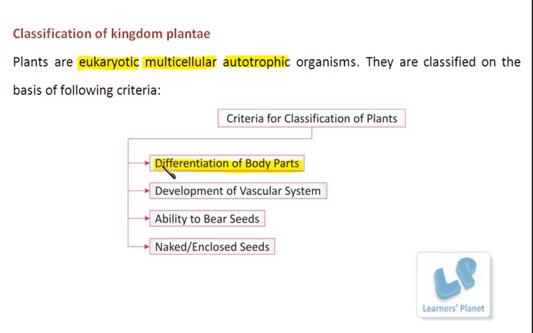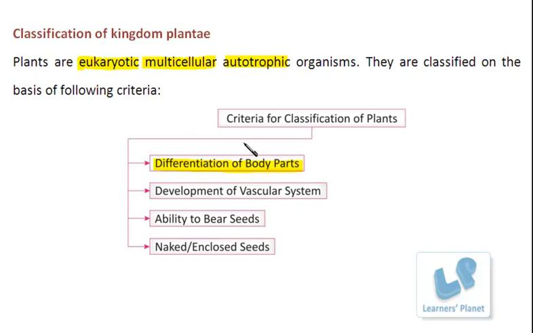See, these organisms, that is plants, are multicellular, made up of many cells. Now, in this particular organism, what type of differentiation is observed? That means how these cells are organized. Right. On that basis, the initial classification is done.